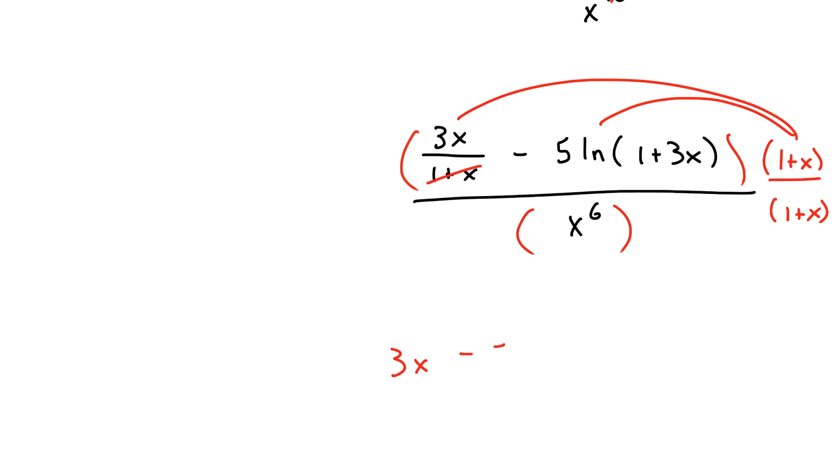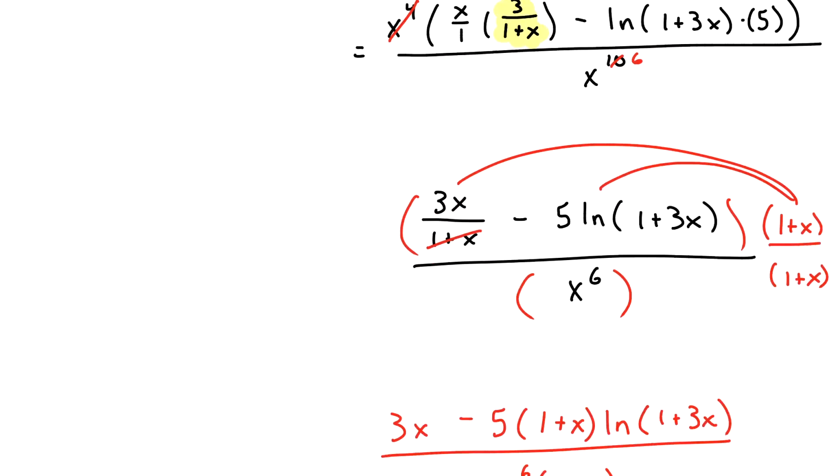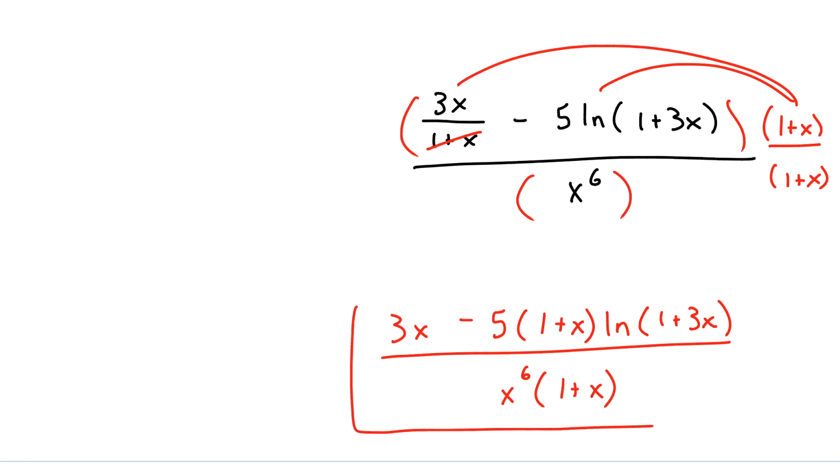So I'm going to write that as 5 times 1 plus 3x times natural log of 1 plus 3x, all divided by, and then in my denominator, I'll leave that as x to the sixth times 1 plus 3x. This one, I will say, was really nasty to simplify. It was not particularly enjoyable to do. We did it, and you can do it, but it's not a particularly nice problem to simplify.